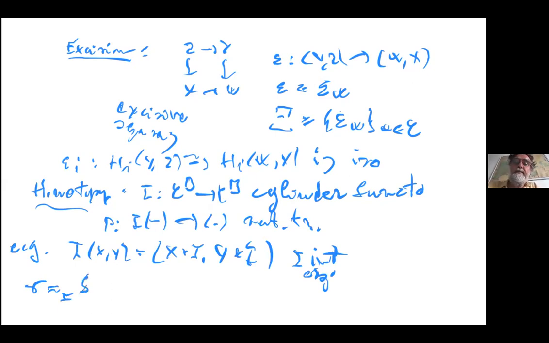And if this is a homotopy of parallel maps, the axiom is that they induce the same map. So this is equal to the delta I.